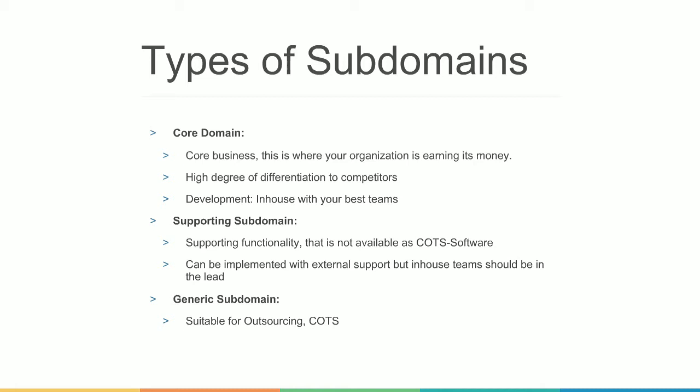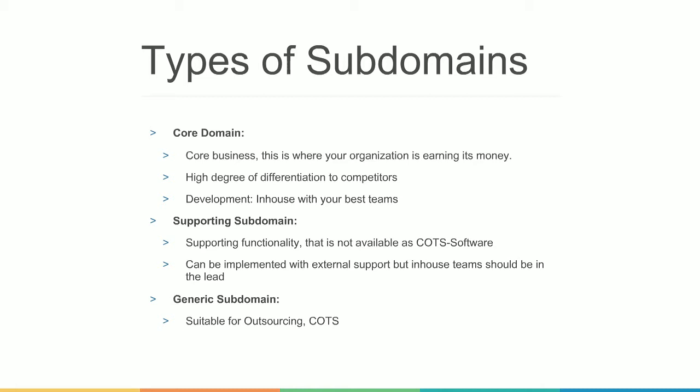COTS software is commercial off-the-shelf software. So that's usually software you just buy from a vendor or some external software. A typical example for COTS software would be SAP or something like that, or even some SaaS offerings.